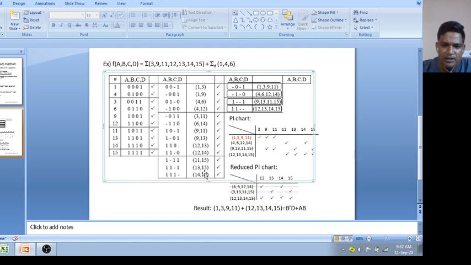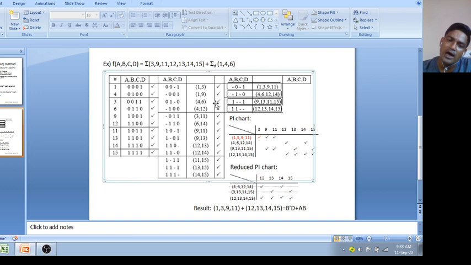Okay, this is possible. Then 12 14 13 15, again 12 13 with 14 15, 1 1 dash dash, just write down one time. Now these are the final prime implicants.